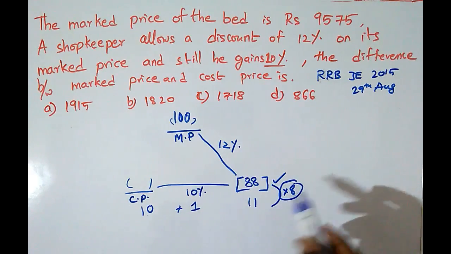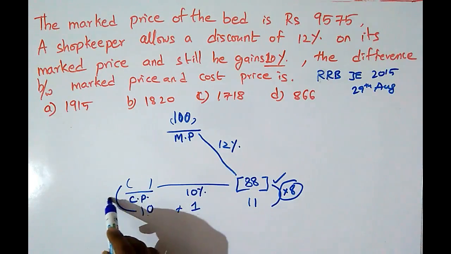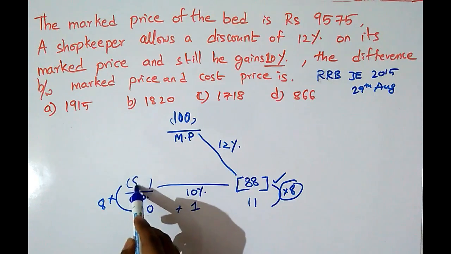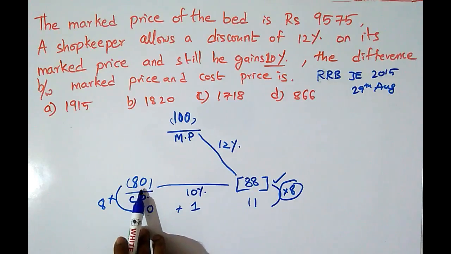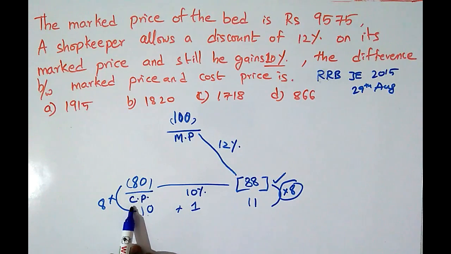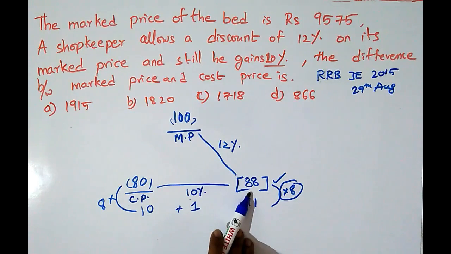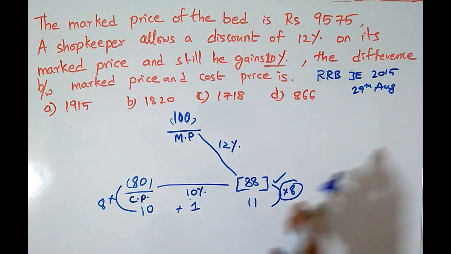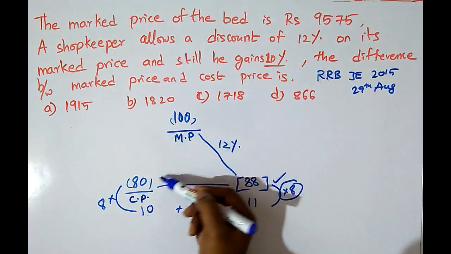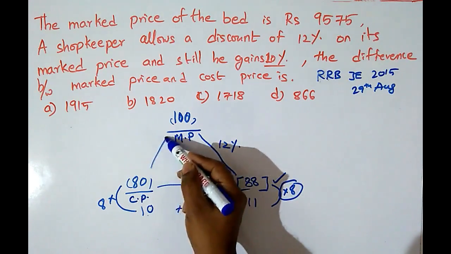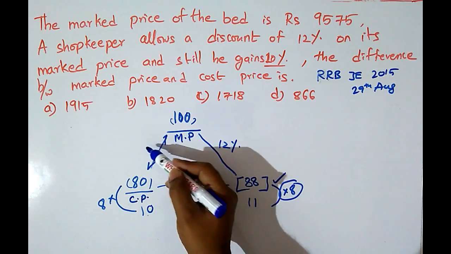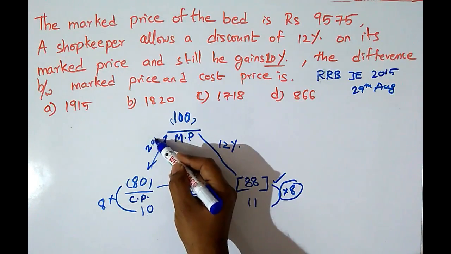The same multiple I will use here. So it will become 80. If 80 is the cost price, then along with 10% profit, the selling price would become 88. Okay, friends. Here, what is the difference between 100 and 80? It is a 20 rupees difference.